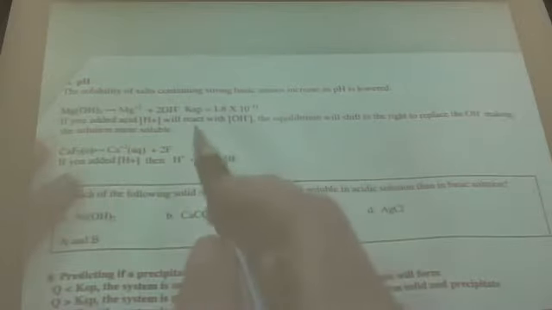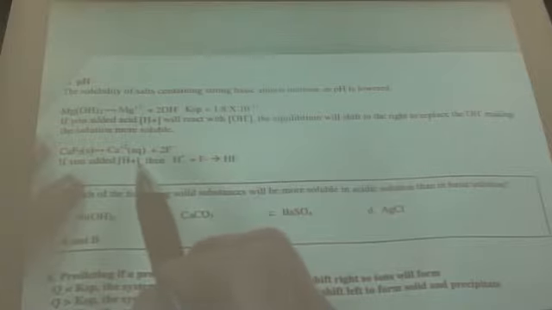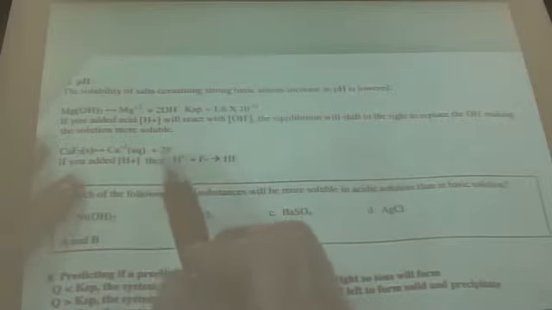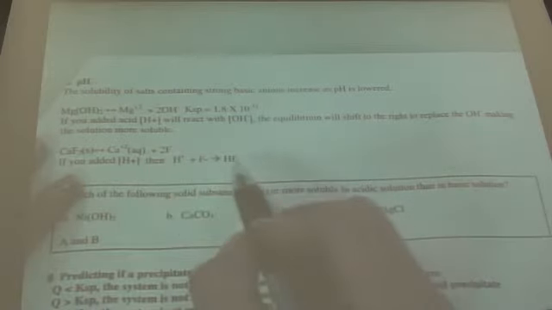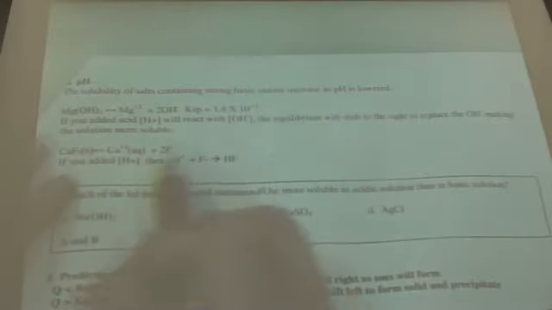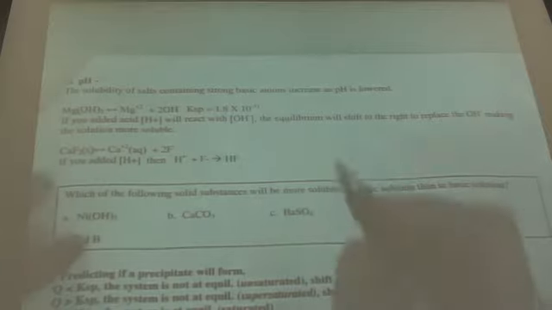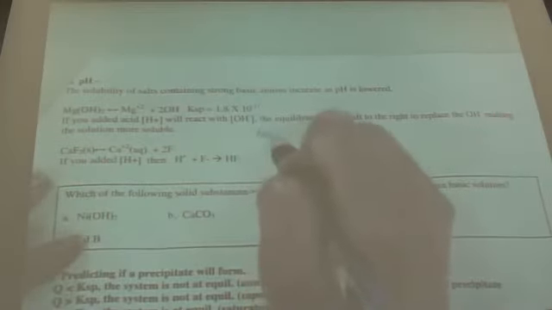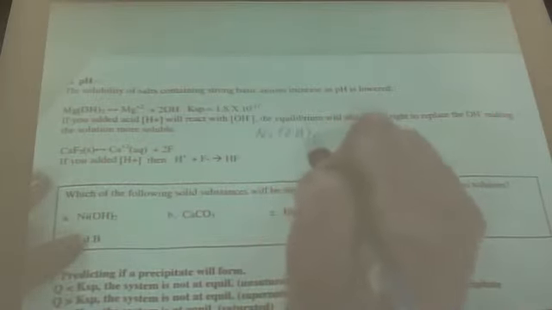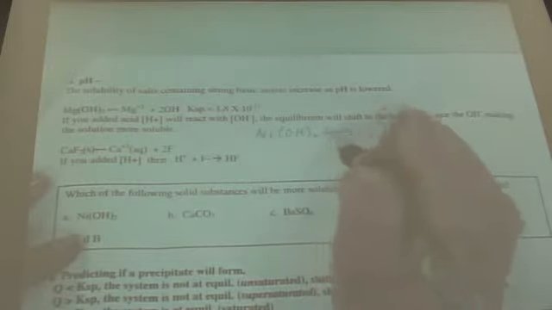So would this be more soluble or less soluble? More. Okay. Now, in this one, if you added a hydrogen ion, it would react with the F to form hydrogen fluoride, which does not dissociate. So once again, we would shift to the right. Okay, now let's just look at these and see how they dissociate.